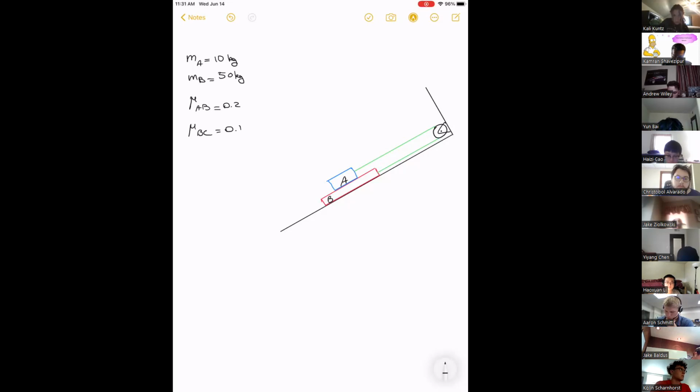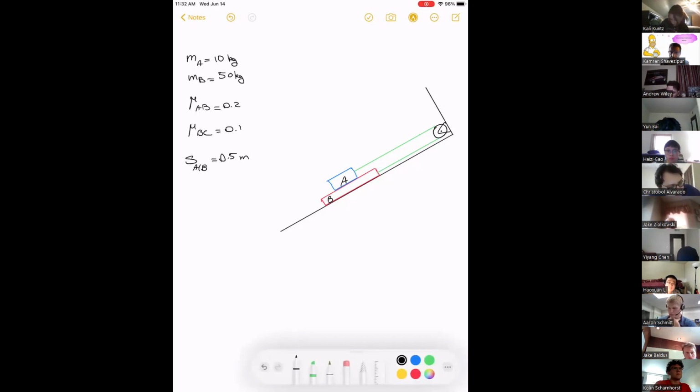And the displacement we have, delta SA with respect to B is 0.5 meter. Remember, it doesn't say block A slides 5.5 meter. It says slides 0.5 meter on the plate. So technically, your displacement is going to be with respect to B, right?